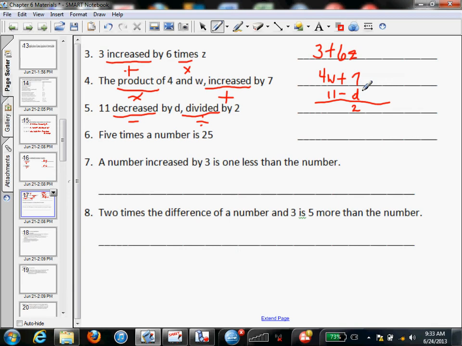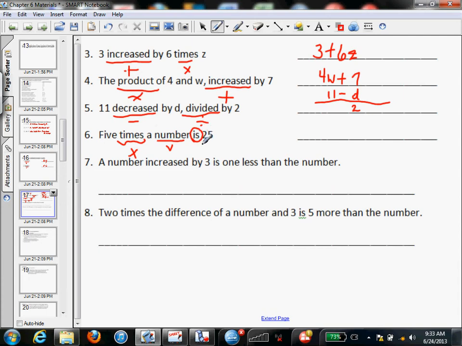Okay, and 6 is actually going to be an equation. So if we start off with 5 times, that is going to be multiplication, times a number. That's going to be our variable. Is 25.